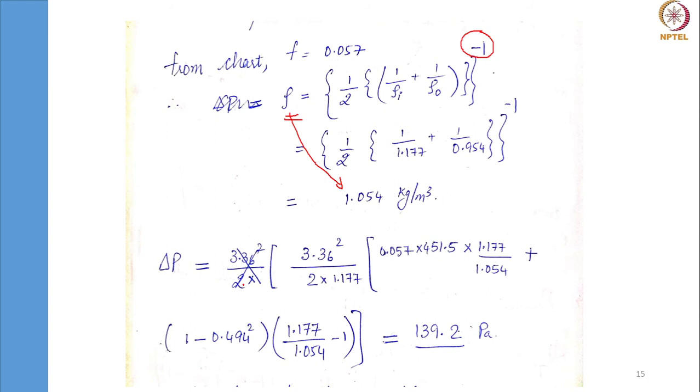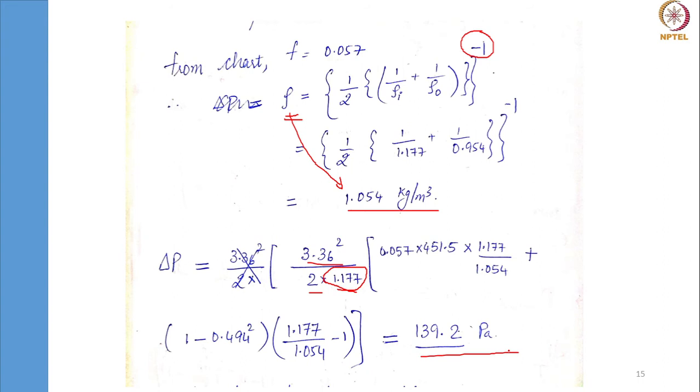So once we get the values of all the quantities which we require, we just need to plug in the values. G square by 2 times rho inlet, rho inlet is also given, into friction factor times AT by A minimum into rho I by rho. All other quantities are also known, into 1 minus sigma square plus rho I by rho O minus 1.